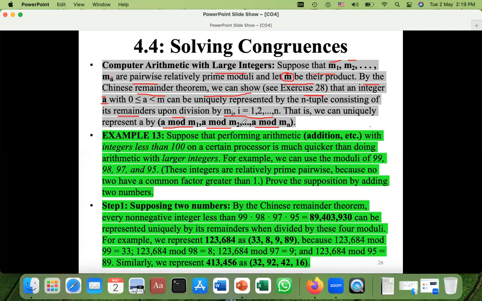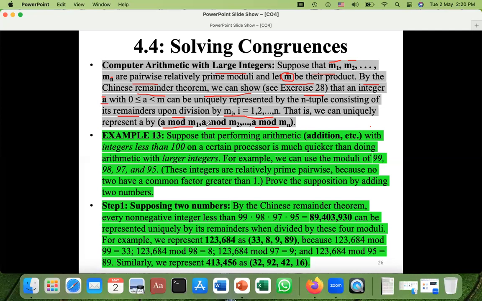This we call an n-tuple. So the Chinese remainder theorem gives us an integer that can be represented as an n-tuple consisting of the remainders when you divide it by each modulus.